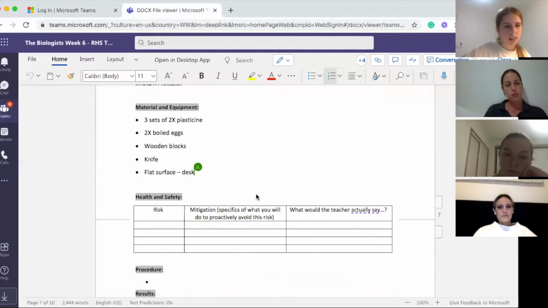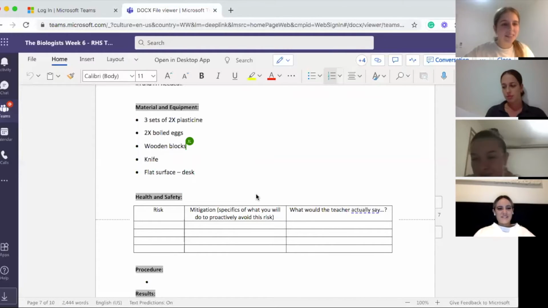I couldn't think of anything else. I guess a plate and a bowl to hold it. A Jenga block. Oh, you put wooden blocks. Never mind, right, Jenga.